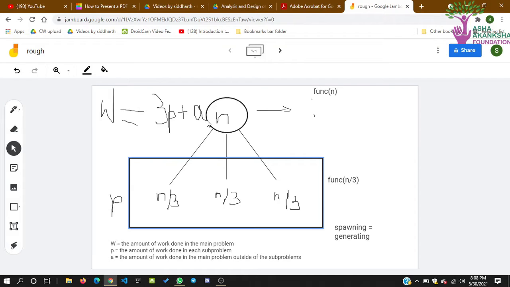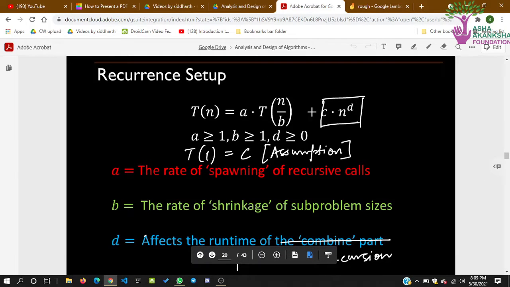Suppose we take it to be W. Now, as we were solving our main problem using recursion, that W was divided into 3 equal parts, and that was the work done in each of the subproblems. But apart from that, there is a certain remainder of work being done in this main problem only, outside of these recursive calls, and that is the value of A, the thing in the box. This represents that. So I think this formula is a very intuitive formula.